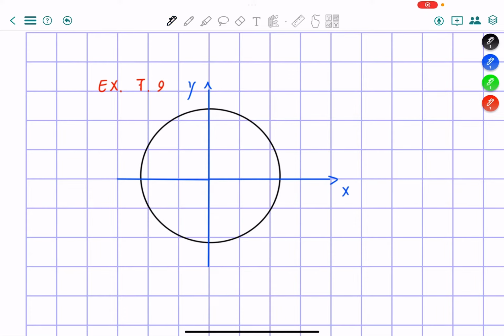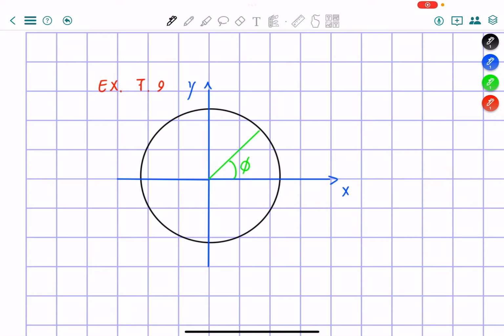And we are told that it wants us to use an angle phi. So let me just draw a random one like this. Phi, and describe the motion based just on this.